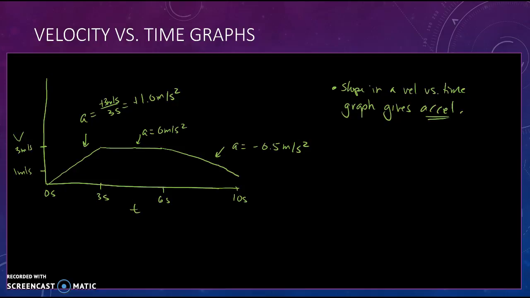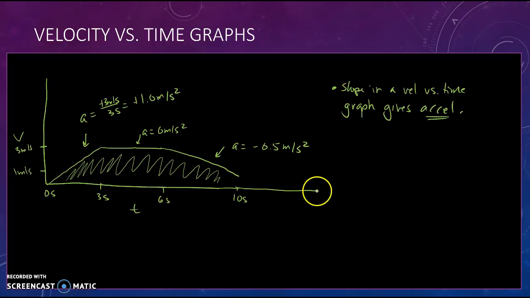Where this really has a difference in interpretation, though, is whether the object is moving forwards or backwards. In this whole section, the velocity is always positive. Whether it's a positive slope, a slope of 0, or a negative slope, it is moving with a positive velocity, which is usually the forward direction. So you don't tell by the slope whether it's moving forward or backwards.